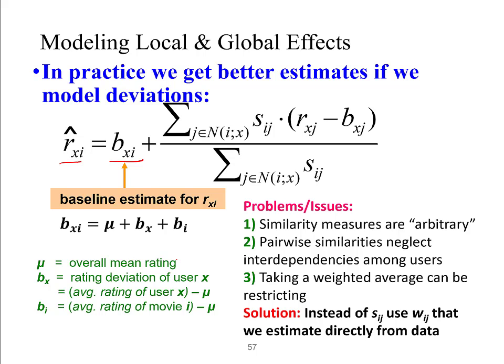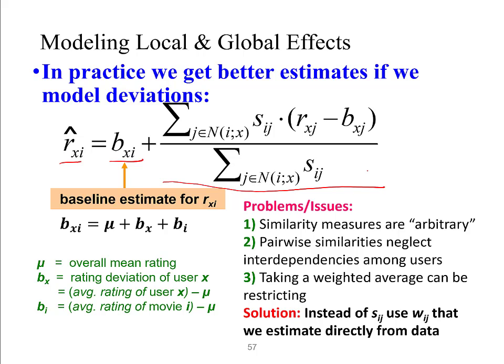Now, mu is the overall mean rating, the global mean of ratings. And b_x is the rating deviation of user x, which is the average rating of user x minus mu. And b_i is the average rating of movie i minus mu, so it's the rating deviation of movie i. So the baseline estimate for r_xi is the overall mean rating plus the rating deviations of user x and of movie i. So this is b_xi.